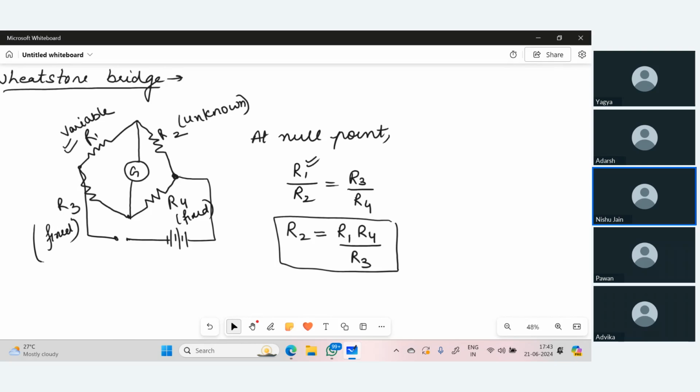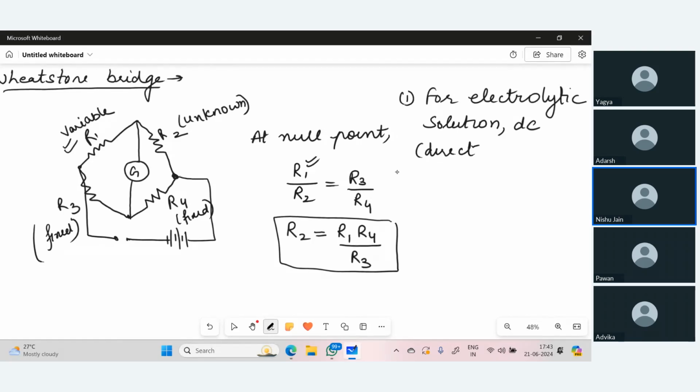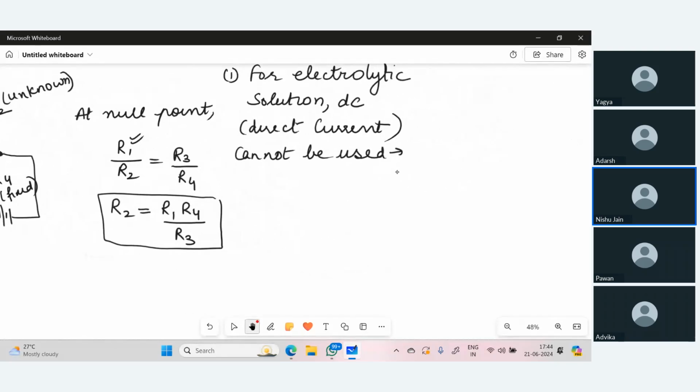There is one important question here. If we are using an electrolytic solution, meaning a solution which can be converted into ions, DC, direct current, cannot be used. This is a very important question. What is the reason why we cannot use direct current for an electrolytic solution?